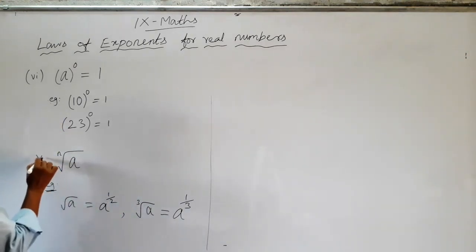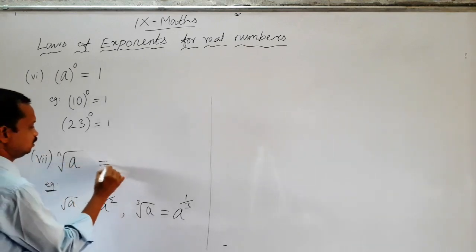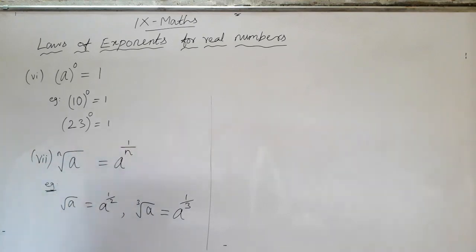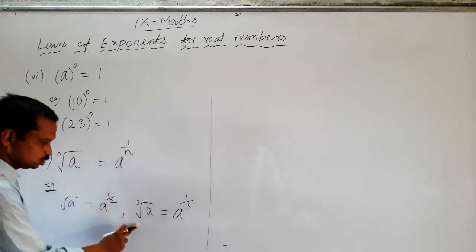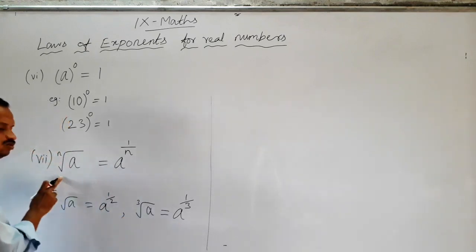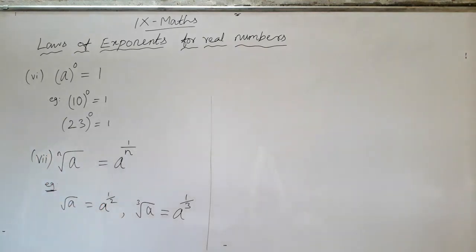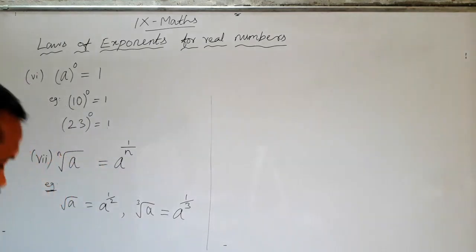Next, the 7th one. The nth root of a you can write as a to the power 1 by n. This is the square root, so a power 1 by 2. And this is the cube root of a, which we can write as a power 1 by 3. And if it is the nth root, then we write a to the power 1 by n. This is how you have to understand the nth root. Clear?